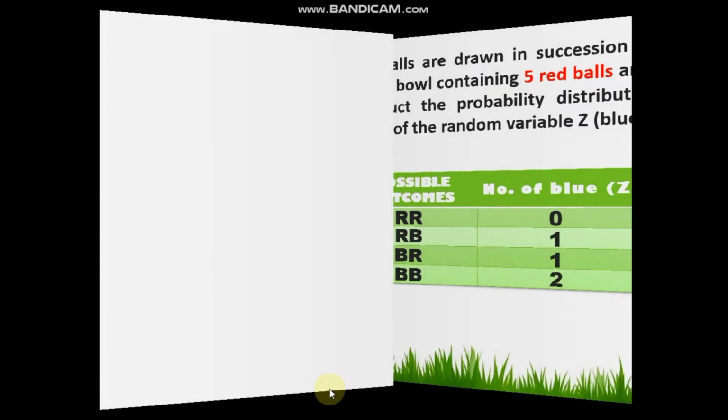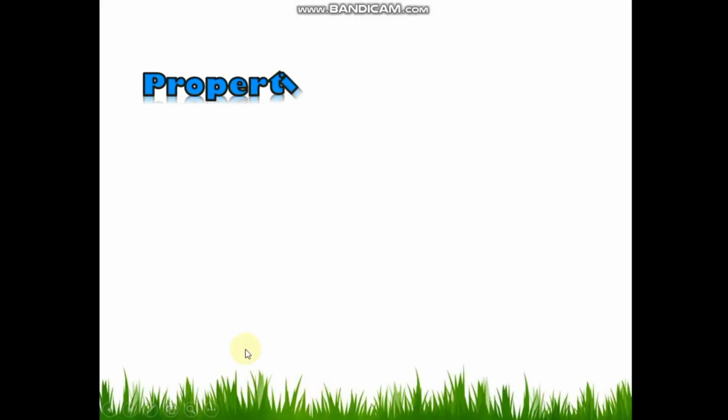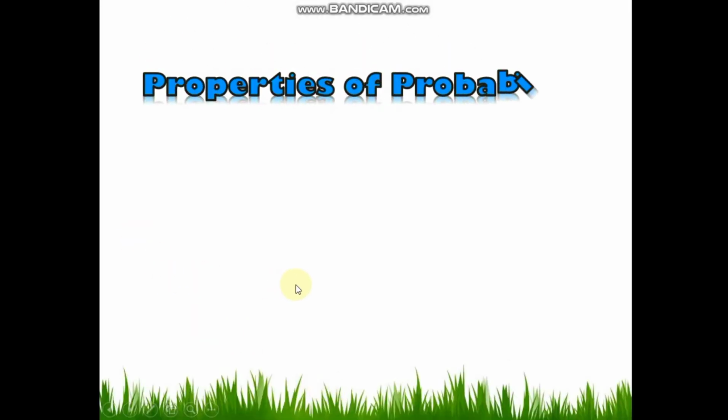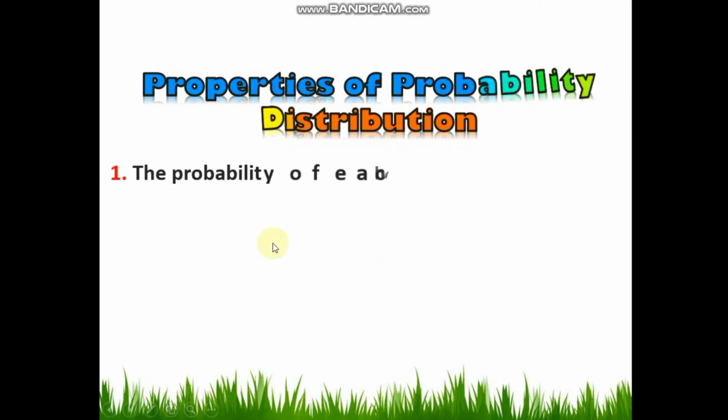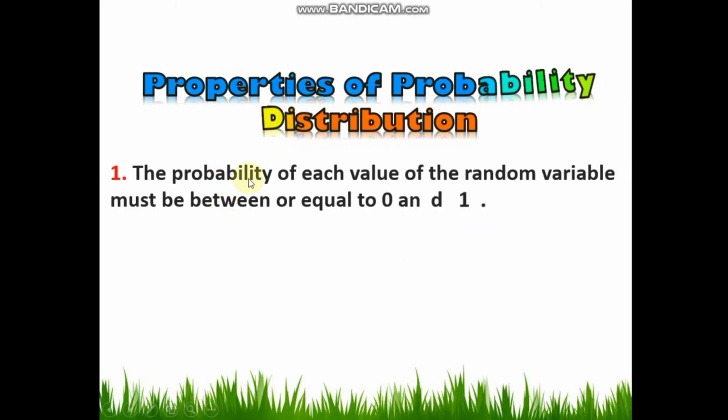And then next, let's move on to the properties of probability distribution, or the properties of discrete probability distribution. The first property is the probability of each value of the random variable must be between or equal to 0 and 1.